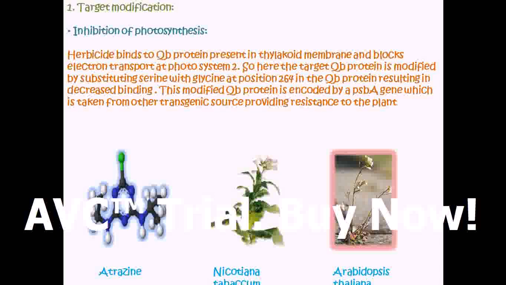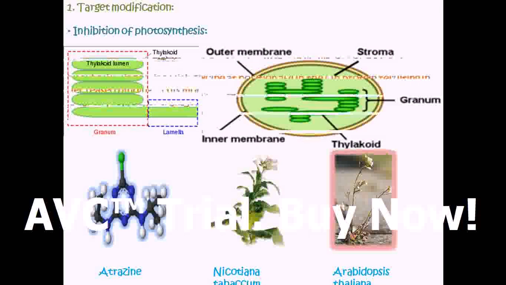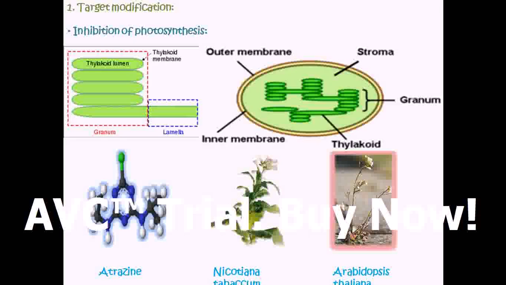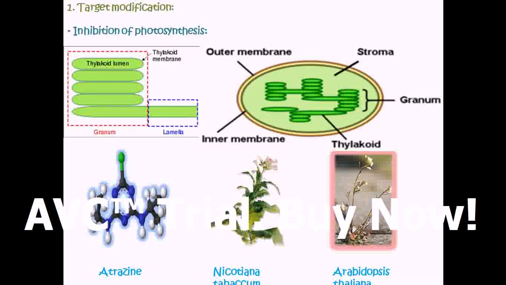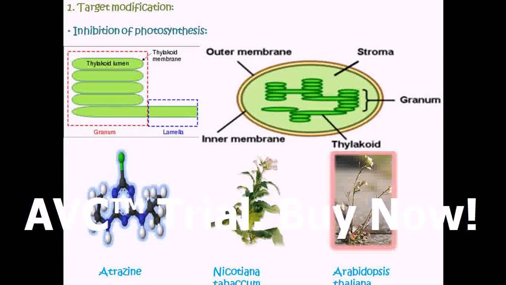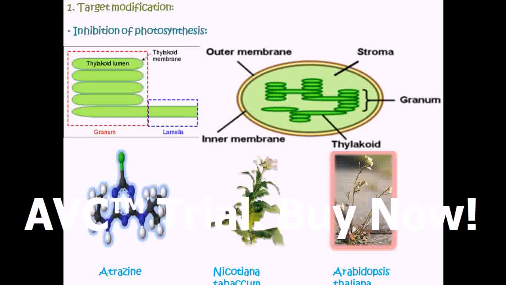This provides resistance towards the atrazine herbicide which is sprayed onto these plants. This is the thylakoid membrane, and this is the structure of the chloroplast. The QB protein is present in this thylakoid membrane.